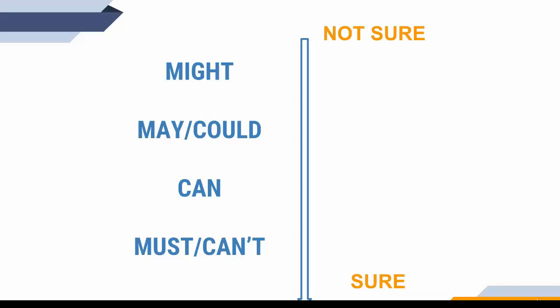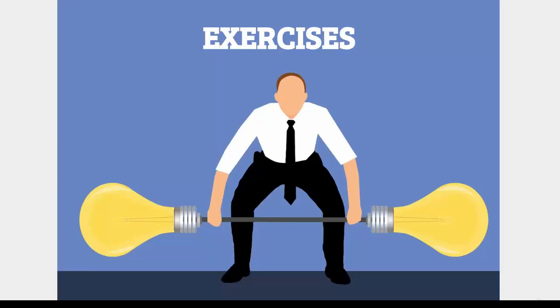Can, 75%. And must or can't, this is 100% possibility that something happened or didn't happen. Be careful, it's not mustn't. It's must, the opposite of can't. She must be at home. He can't be at home. He might come back.